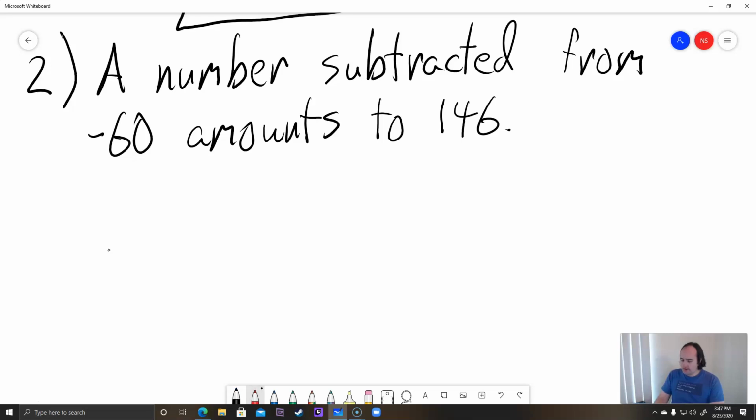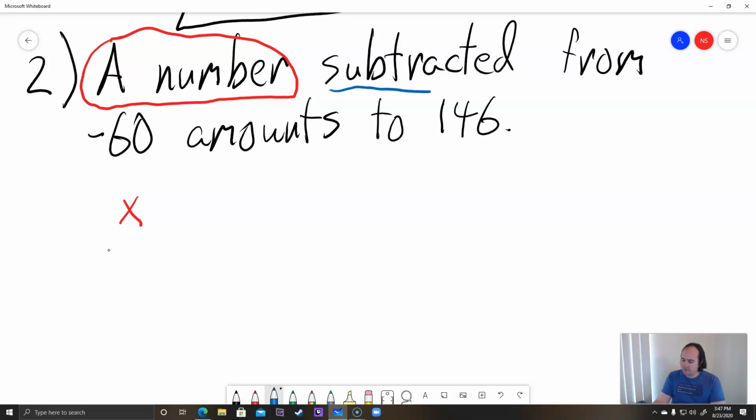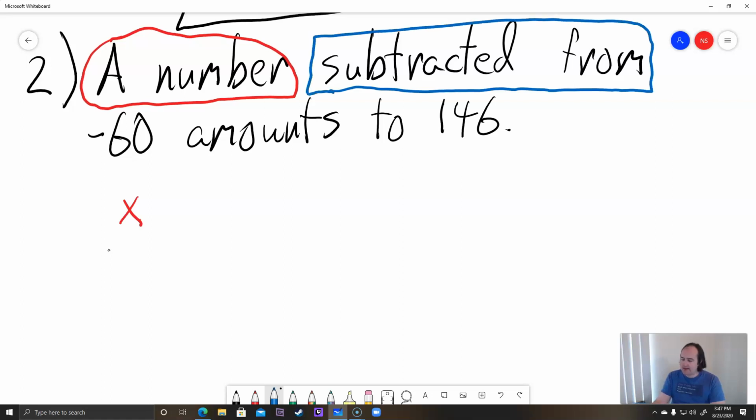So we already know how to translate a number. How does a number translate? Well, a number is x. That's our variable. And then what do you think subtracted from means? Well, I think everyone knows when they say subtracted from, they mean minus.